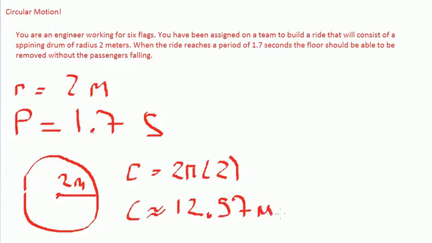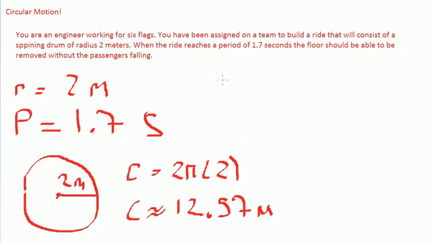12.57 meters. So now that we know this information, we're left with the question of, so what speed will keep the people, quote unquote, stuck to the wall? Basically we need to think about what forces are going to be acting upon these people to keep them stuck to the wall.